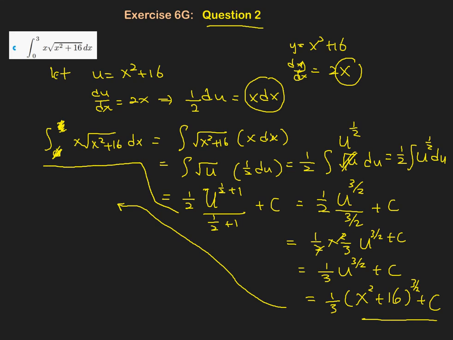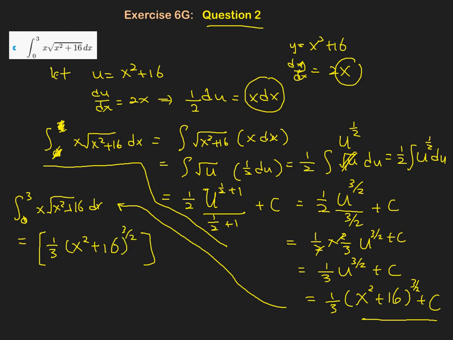Right, now we are ready to perform the definite integral. And the definite integral of this function would be then in square brackets 1/3 x squared plus 16 to the power 3 over 2, but now without c, because if it's indefinite, non-definite, you get this, but since it's a definite integral, c is not necessary anymore.